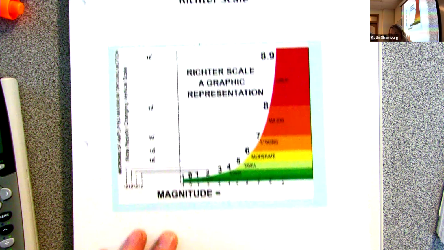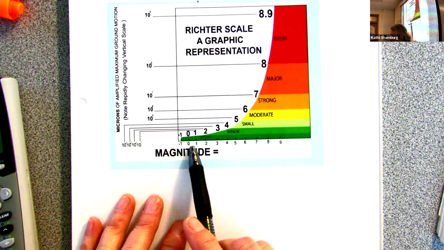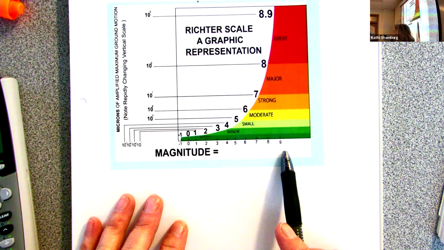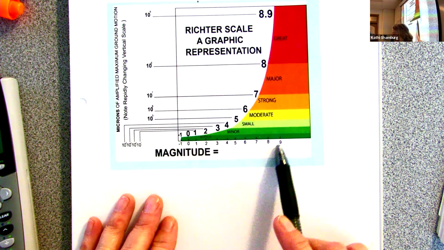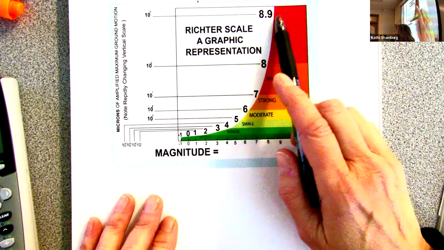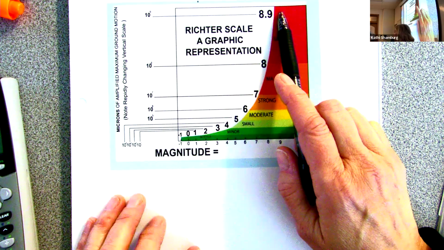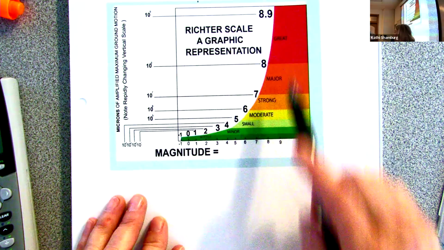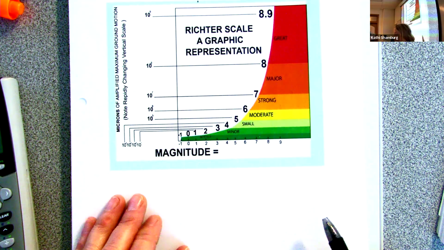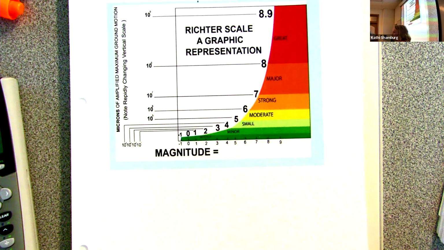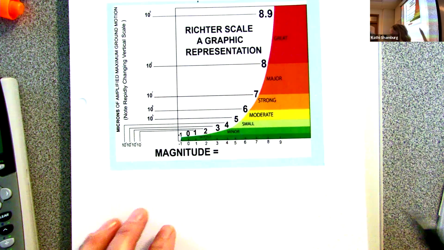So the numbers they're talking to you about are these numbers down here. Obviously a 9 would be devastating, right? This building would probably no longer be standing, that large of an earthquake. Well, 9 isn't just a 9. There's more to it than that.